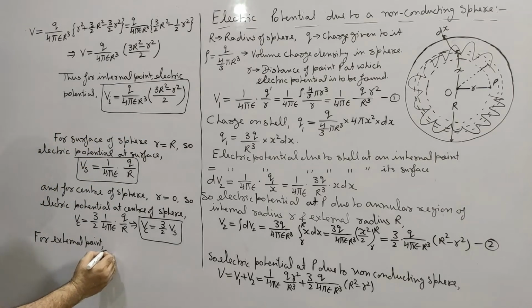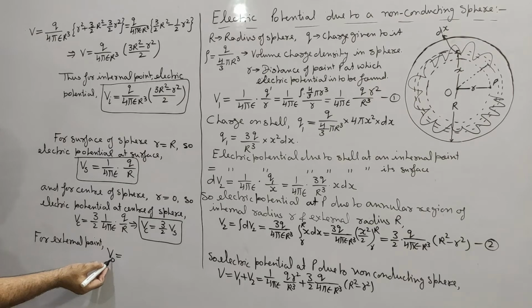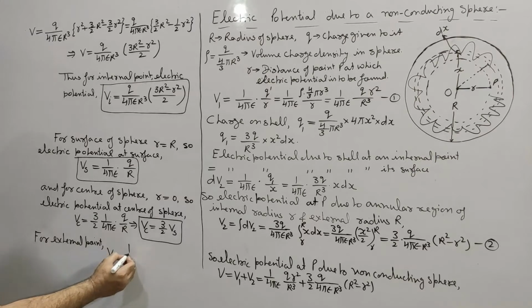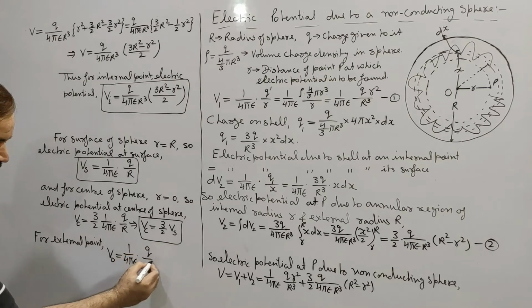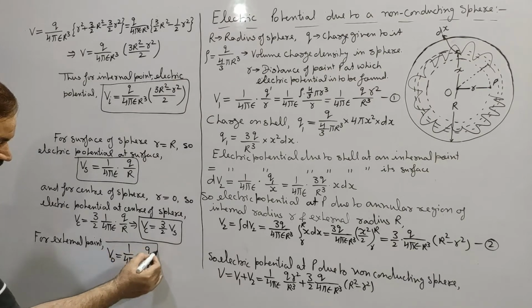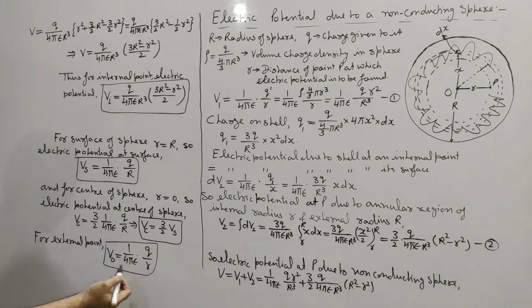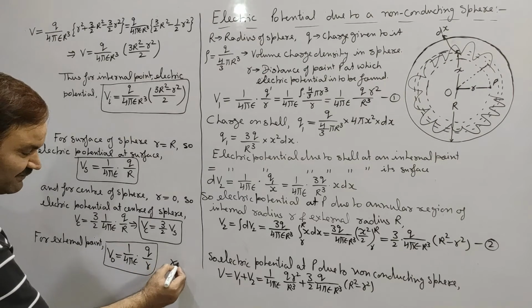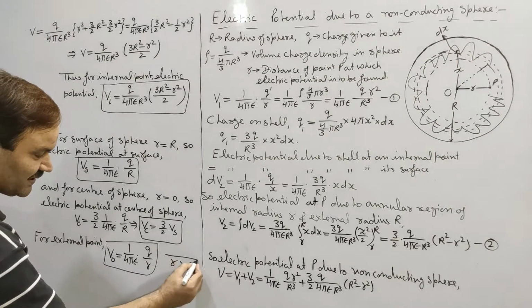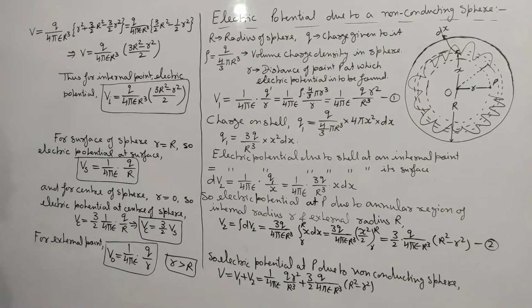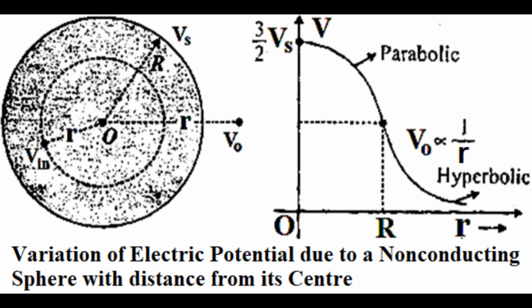That is, for an external point, say the electric potential outside the sphere I am representing with Vo, then Vo will be 1 over 4 pi epsilon Q upon r. Here r is the distance of point P, where r will be greater than capital R, means point P will lie outside the sphere.